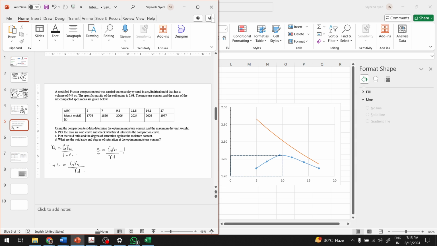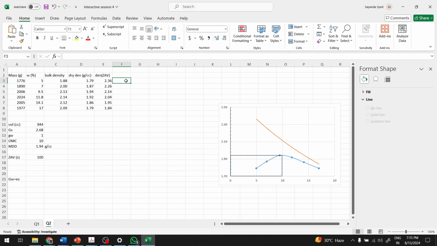From this we will calculate E, and then S we will calculate as G W over E. Okay, so let's do that.